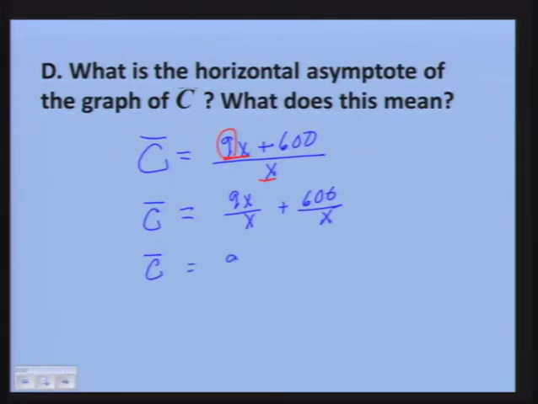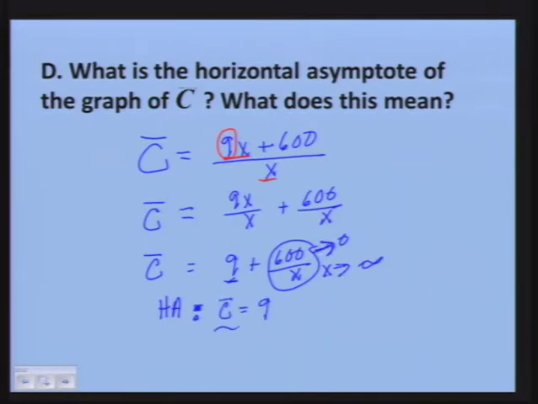Here we get 9 plus 600 divided by x. And we see that this is going to approach 0 as x goes to infinity because 600 cakes among an infinite amount of people would give me almost no cake. So my horizontal asymptote is going to be y, or in this case, C bar equals 9.